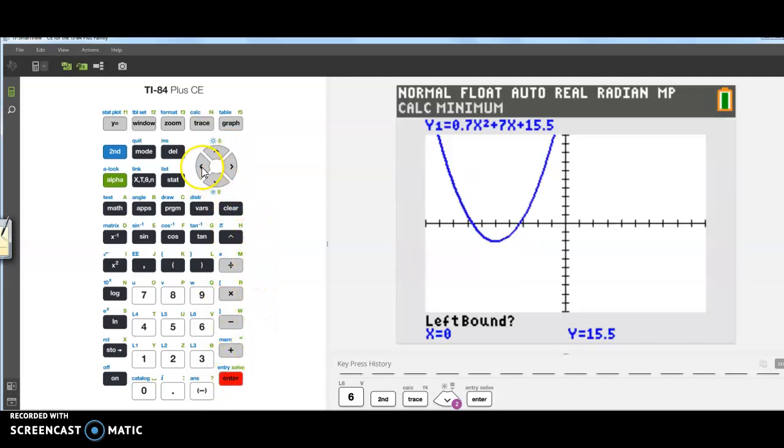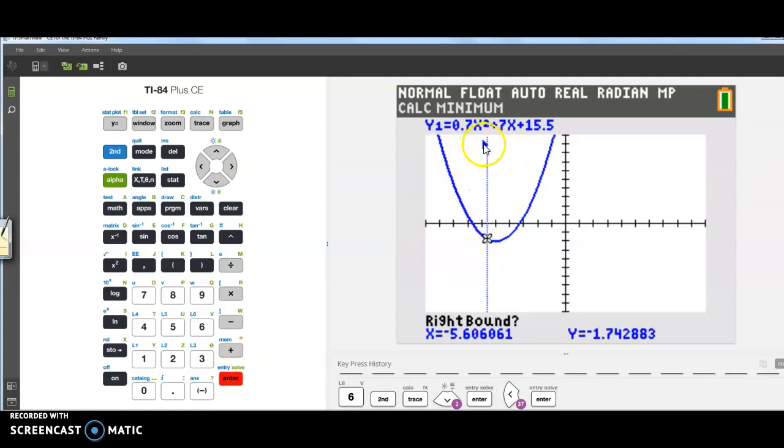When we're working with the minimum, it will ask us for a boundary because the calculator is only going to look for the lowest value within our boundary. So the first thing that I'm asked is for a left bound. So I need to move to the left of where my minimum point is. So you can see I'm using my arrow key until I am definitely left of this low point or minimum. I hit enter, and my computerized calculator here puts a line.